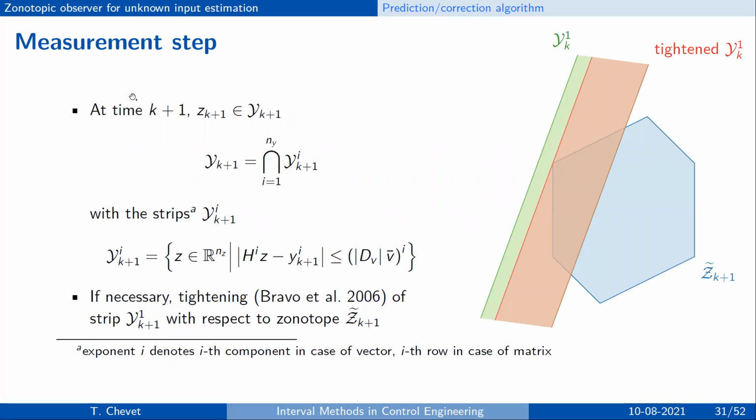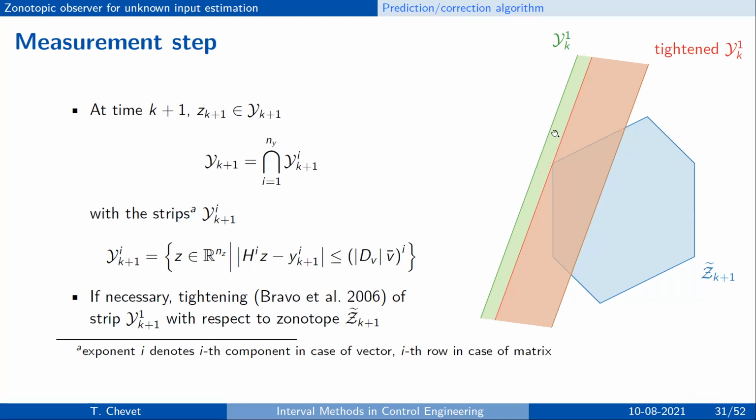Then at time k plus 1, we know from the measurements that the descriptor vector is contained in a set which is the intersection of a finite number of strips, as many strips as we have components in the measurement vector. Each strip, for each component of the measurement vector, is obtained by taking the inverse of the measurement equation.